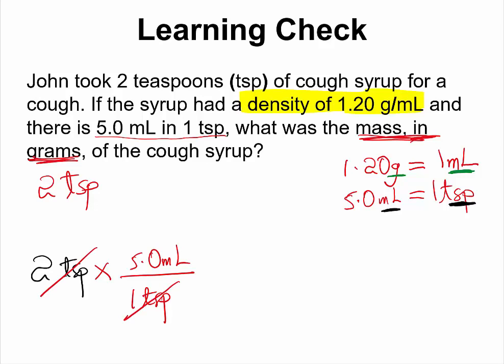Teaspoons will cancel out. Then we can convert the milliliter into grams. The conversion factor is that 1 milliliter should be equal to 1.20 grams. Milliliters will cancel out. If you put this into your calculator, you should get 12 grams.